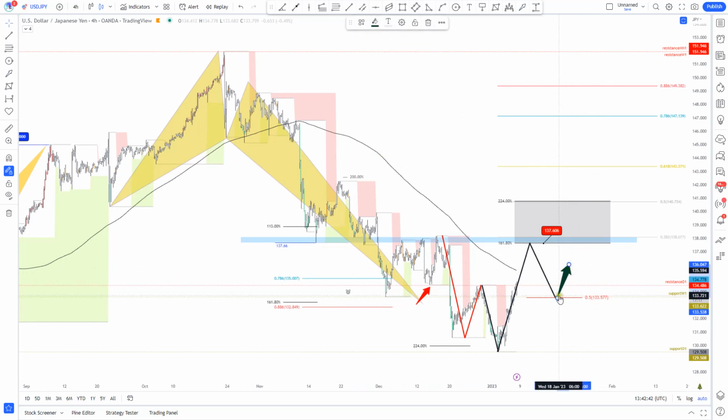But a bounce doesn't mean more momentum in terms of trend momentum, but it means the market may retest the previous structure highs or previous structure support level. That will depend on what structure the price will form here.